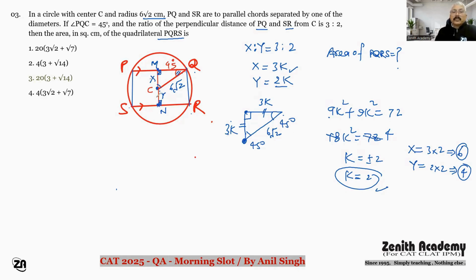This way we have calculated the distance MN between the two parallel sides. MN is the distance between chord PQ and SR. So x plus y means 6 plus 4.